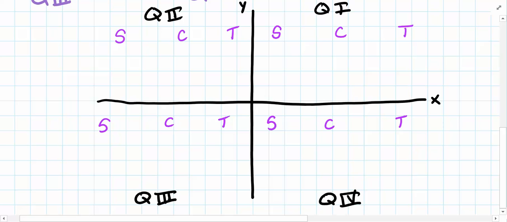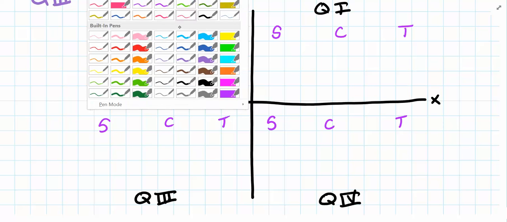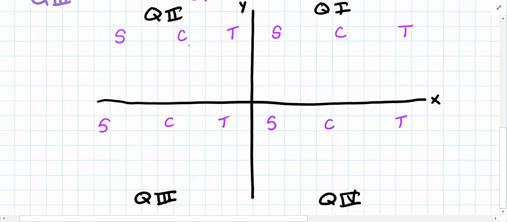Now, think of any point that you want in quadrant 1. 1, 1, sure. Any point will work, though. 1.8, 12.2, no matter what we do, here's the point I'm trying to make. The x value will be positive. Agreed?